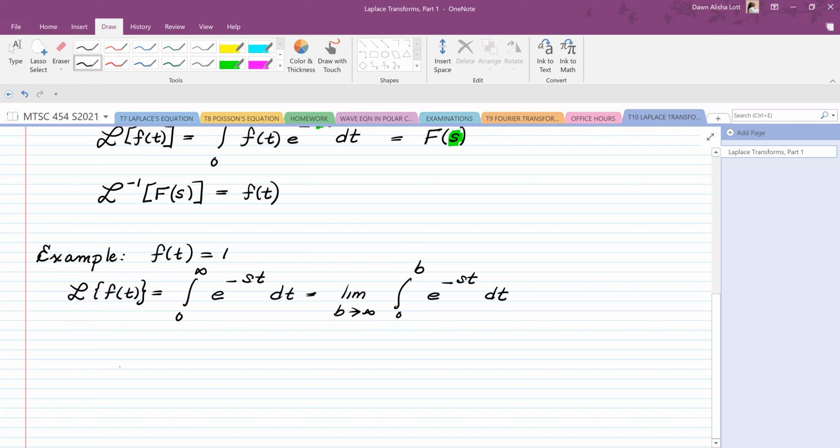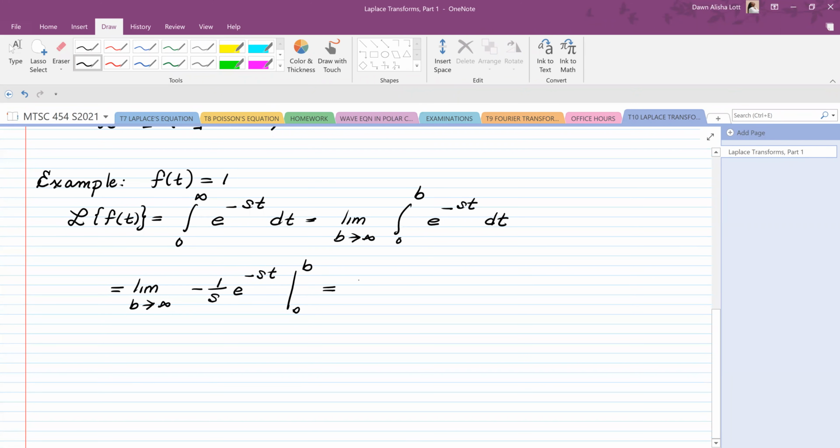So that is the limit as b approaches infinity. I'm going to get minus 1 over s e to the minus st evaluated between 0 and b. So that's the limit as b approaches infinity of minus 1 over s times 1 over e to the s times b, minus 1.